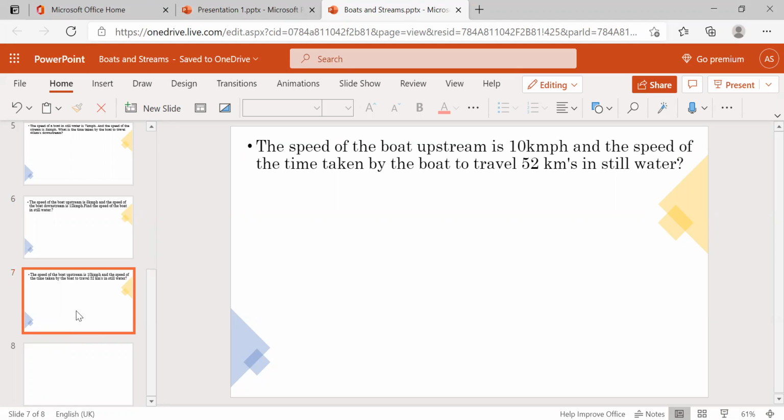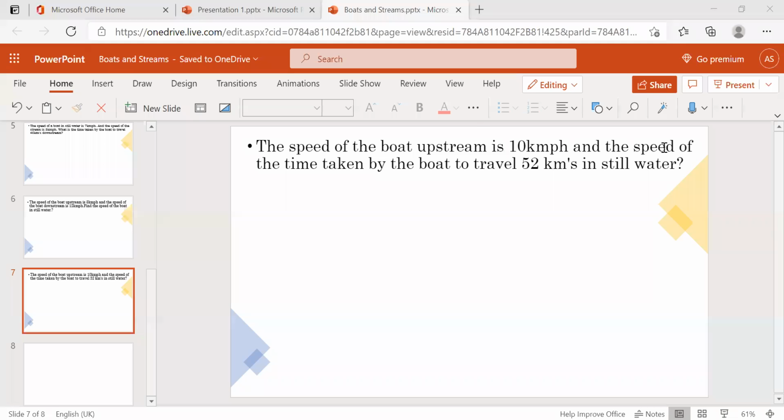The speed of the boat upstream is 10 kilometers per hour, and the time taken by the boat to travel 50 kilometers in still water. Wait a minute, I'll check this question once.